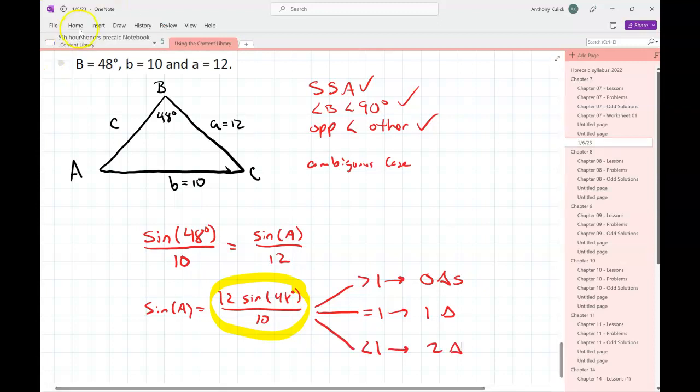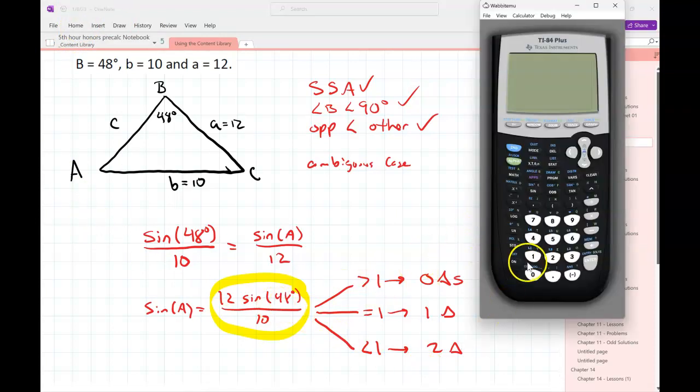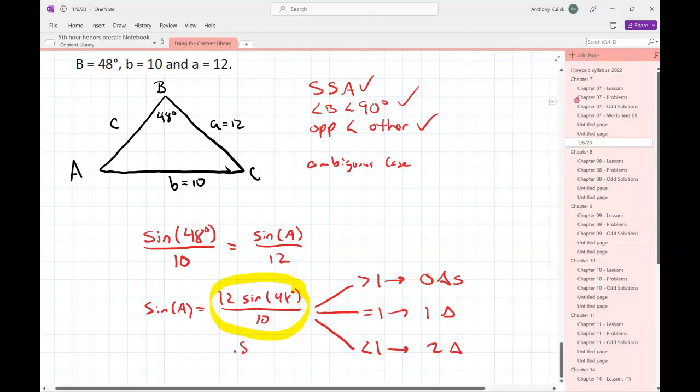So let's go ahead and compute 12 sine 48 divided by 10 and see which one we fall into. So I have 0.892. So which one do we have? We got 2.